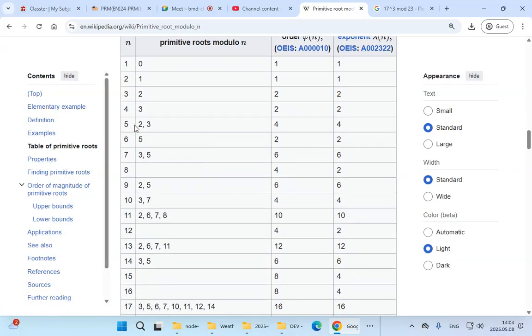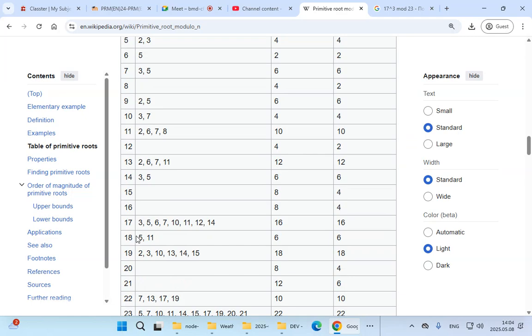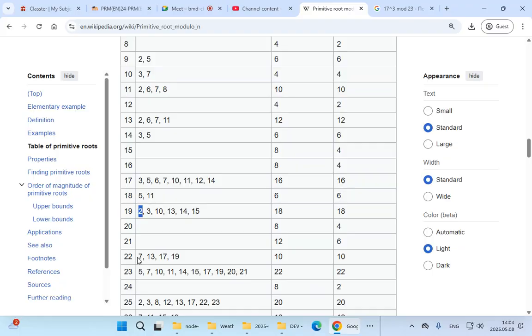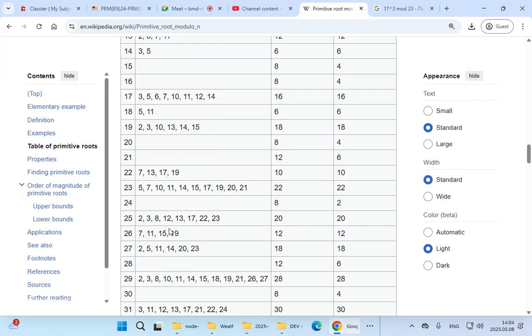For example, if you take 19, you could take 2, 3, 10, 13, 14, 15. For 22 you could take 7, 13, 17, 19. For 23 you could take the following. Is it understandable? Yeah. For those numbers, these are the primitive roots, so with these numbers everything works.